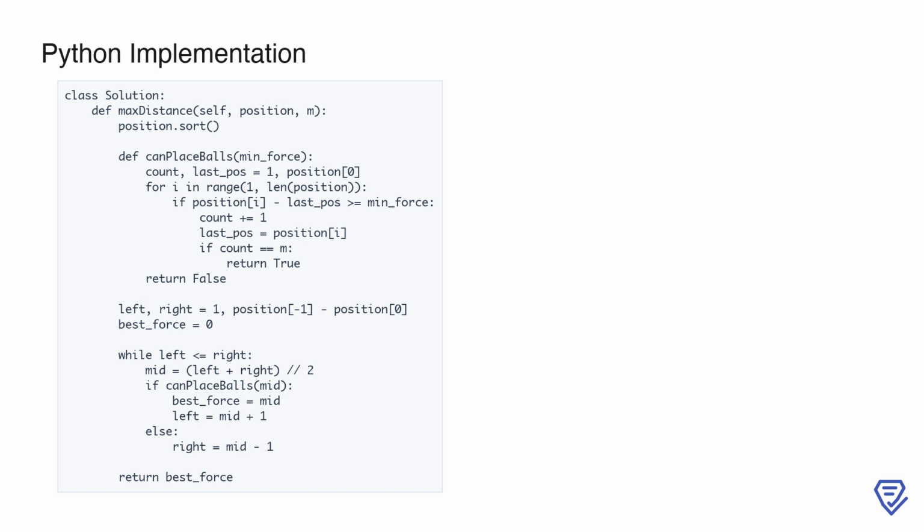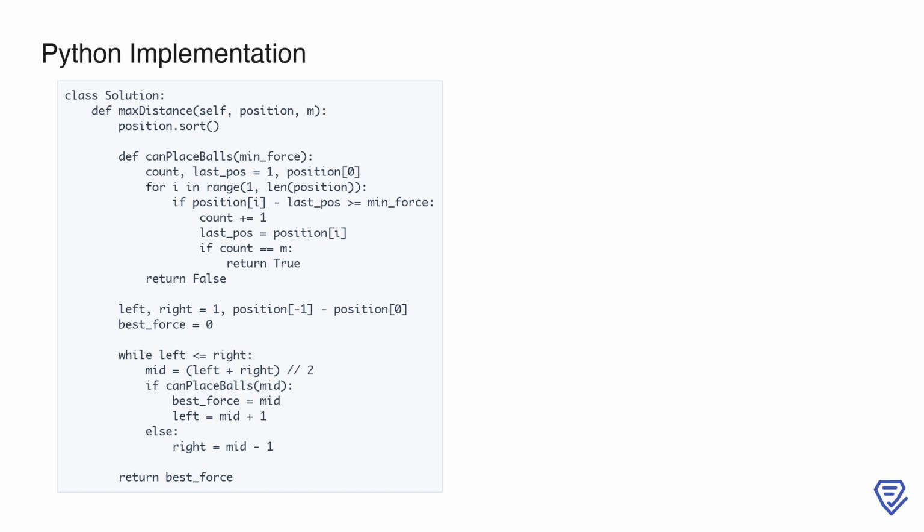3. Helper function, can_place_balls. This function checks if it is possible to place m balls such that the minimum distance between any two balls is at least min_force. Starting from the first basket, it iteratively places balls in the next position that satisfies the distance condition. If all m balls can be placed, it returns true, otherwise, false. 4. Binary search logic. Inside the binary search loop, the midpoint mid represents the current candidate for the minimum force.